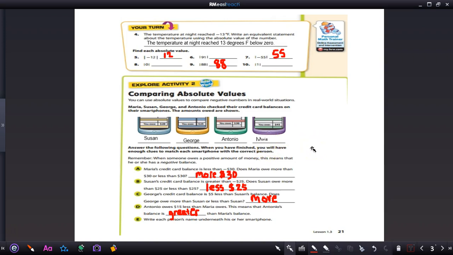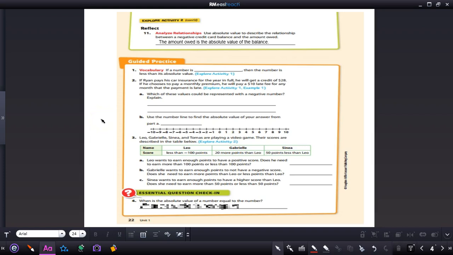And finally, the biggest balance is Maria owing $45. So let's take a look at number 11. It says use absolute value to describe the relationship between a negative credit card balance and the amount owed. So what we see is the amount owed is the absolute value of the balance.